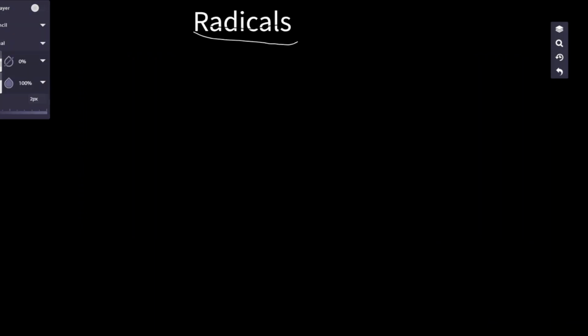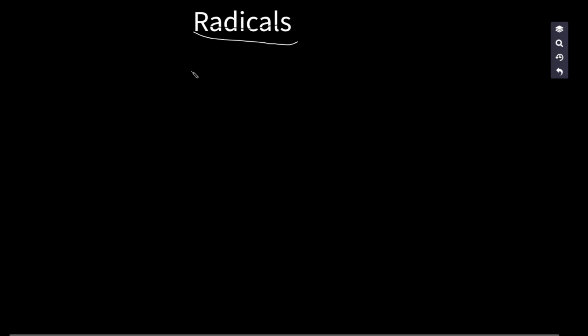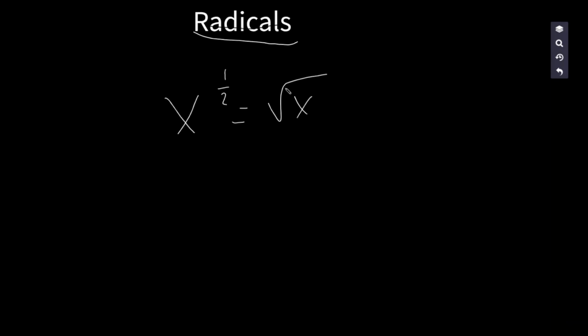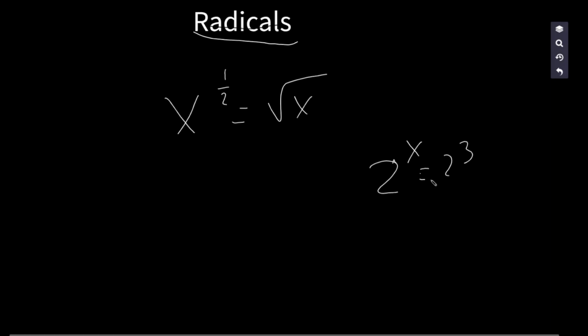Now this is incredible, because we learned two things from this. One, we learned how to convert exponents to radicals and vice versa. But two, we also learned how to use fractions as exponents. Before, when we had an exponent, it was raised to a whole number, like 2 cubed. But now we can do 2 to the 3 over 2, as long as we convert this to a fraction.